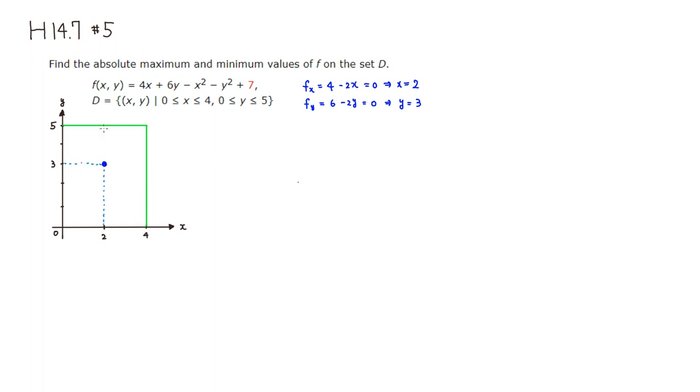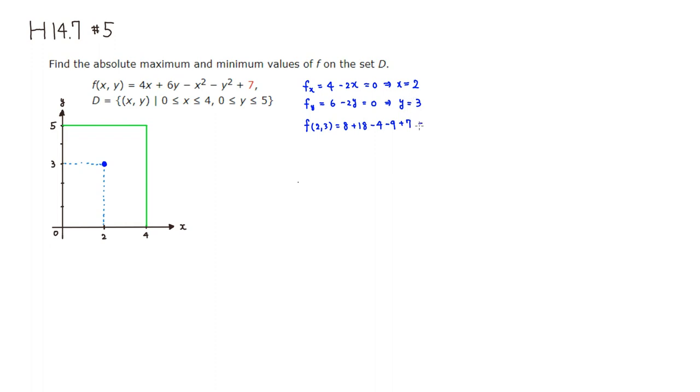Let's find the corresponding value at that critical point, f of (2, 3). 4 times 2 is 8, and 6 times 3 is 18, minus 2 squared, so minus 4, and minus y squared, so minus 9, and then plus 7. 8 plus 18 is 26, plus 7 is 33, 33 minus 4 is 29, and 29 minus 9 is 20.